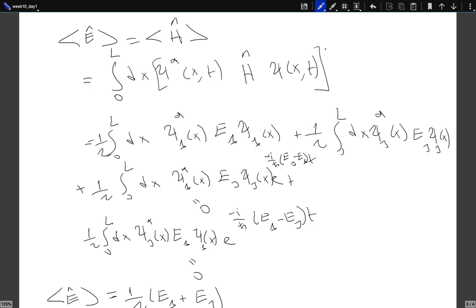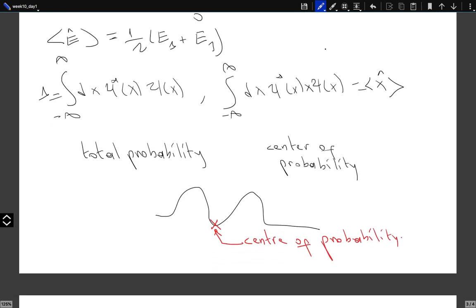It basically amounts to saying that the energy is conserved. Energy cannot have any time dependence. But instead of calculating the time dependence of the energy, I could have calculated the time dependence of, let's say, the position of this object. The expectation value of the position will be changing with time.